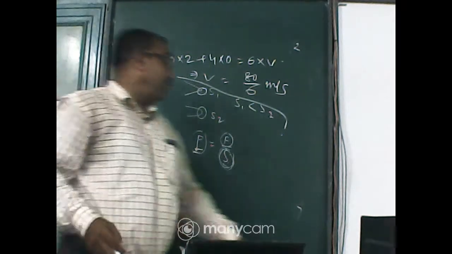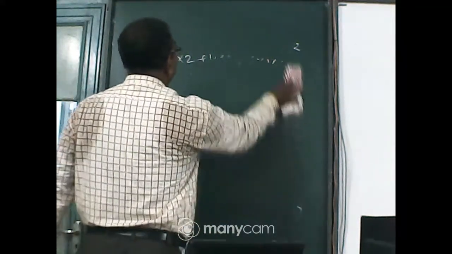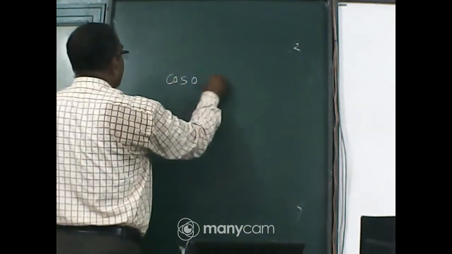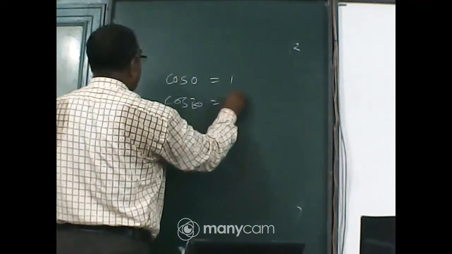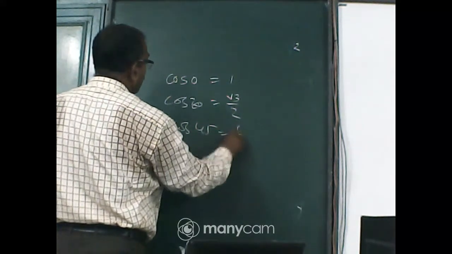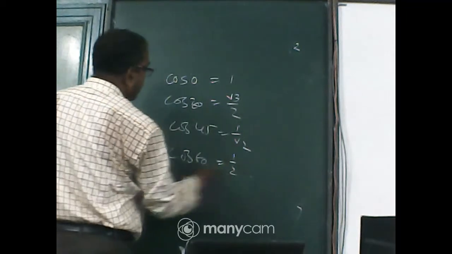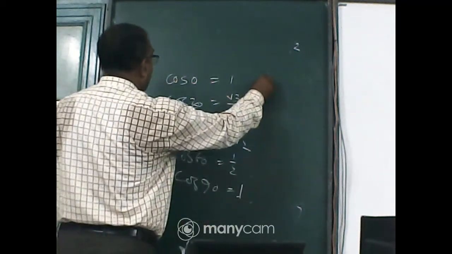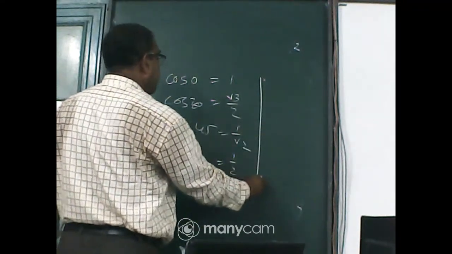You know the value of cos 0 to cos 90. Cos 0 degree means 1, cos 30 means root 3 by 2, cos 45 means 1 by root 2, cos 60 means half, and cos 90 means 0. So gradually they decrease.